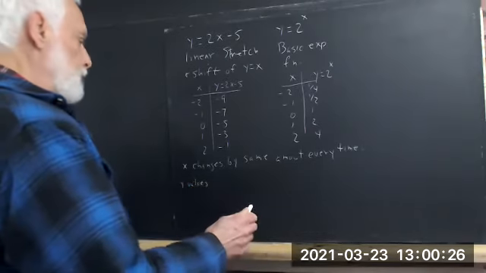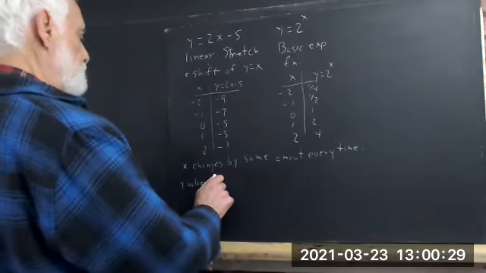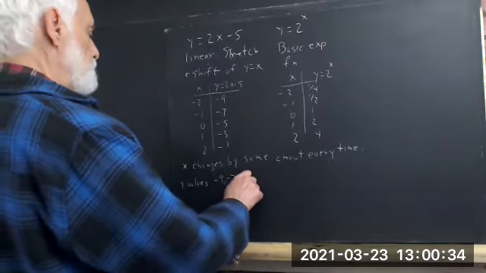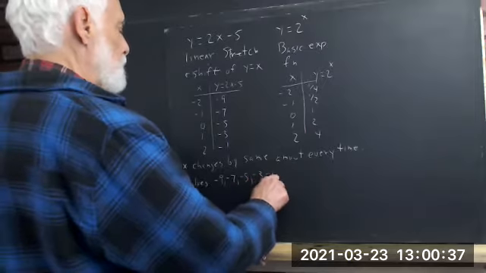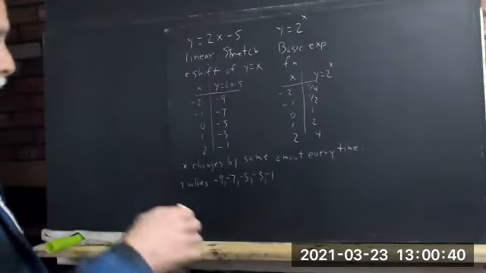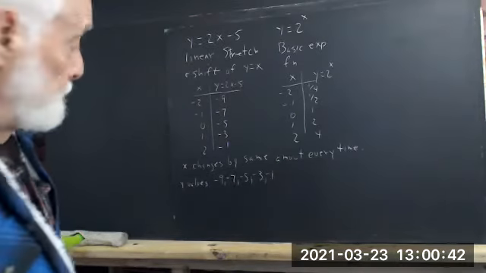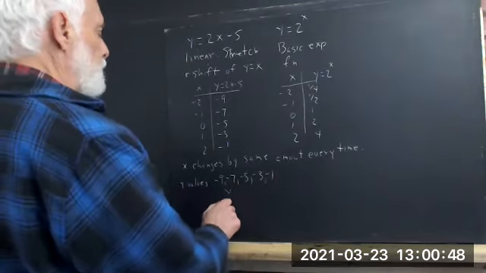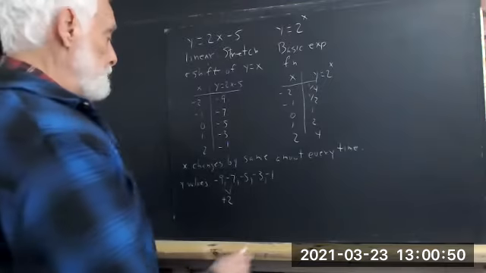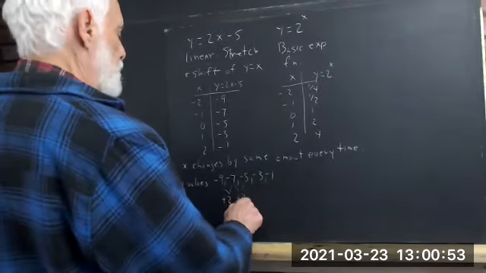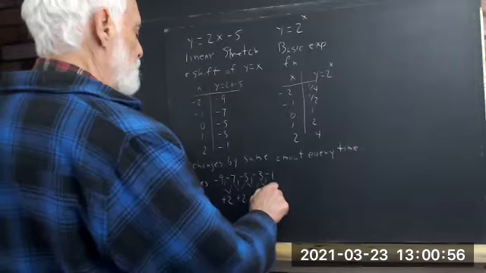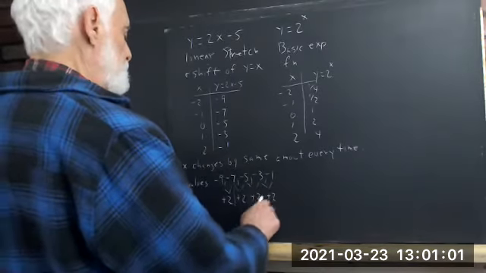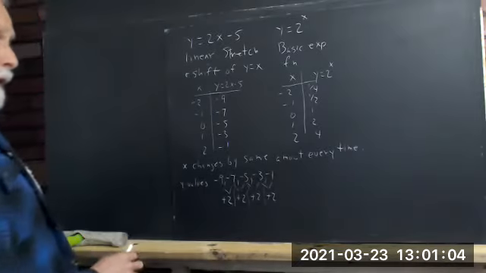So the y values form a sequence: -9, -7, -5, -3, -1. Well, to get from -9 to -7, we have to add 2. From -7 to -5, we have to add 2. Here we have to add 2. Here we have to add 2. Okay.